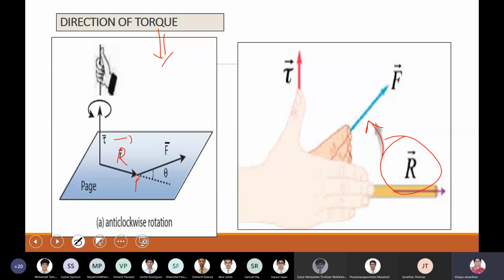Because you have applied a force, what does the force do? The force is going to make this particle rotate. The direction of rotation is along the direction of the force.